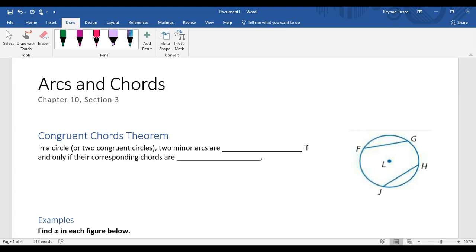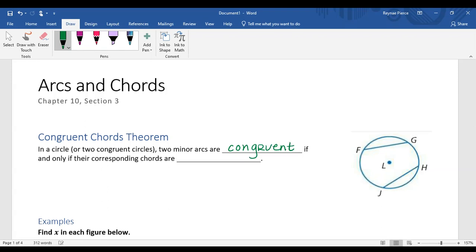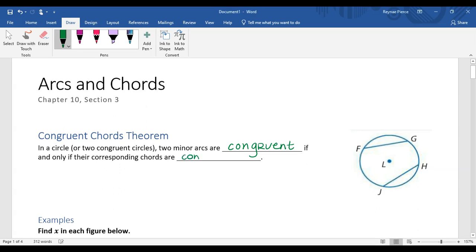If we've got a circle or two congruent circles, two minor arcs are congruent if and only if their corresponding chords are congruent as well.